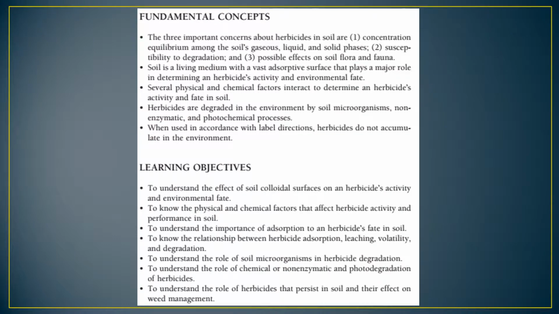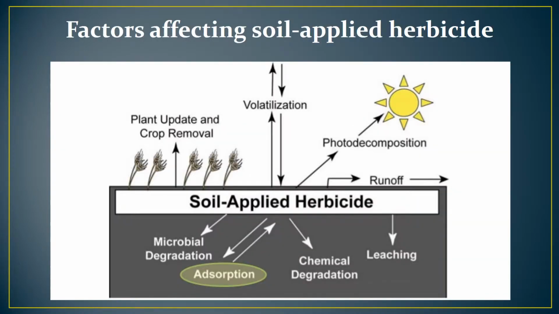So these are the fundamental concepts and learning objectives for these topics. So the first one, the physical and chemical factors that affect herbicides in soil. Physical factors include placement, volatility, adsorption, and also soil moisture.